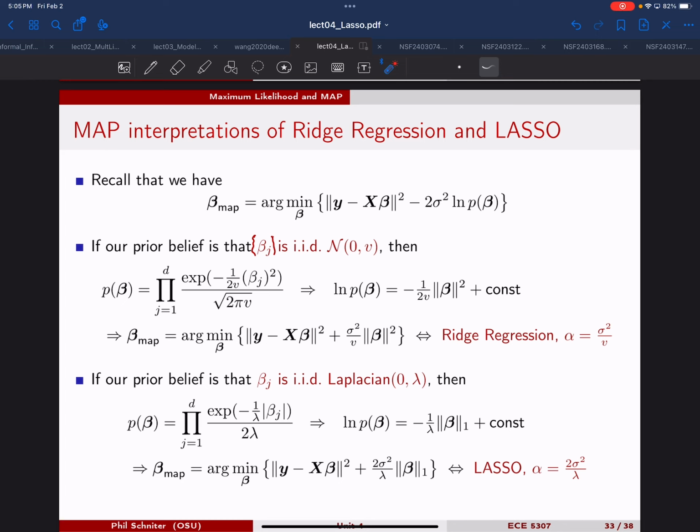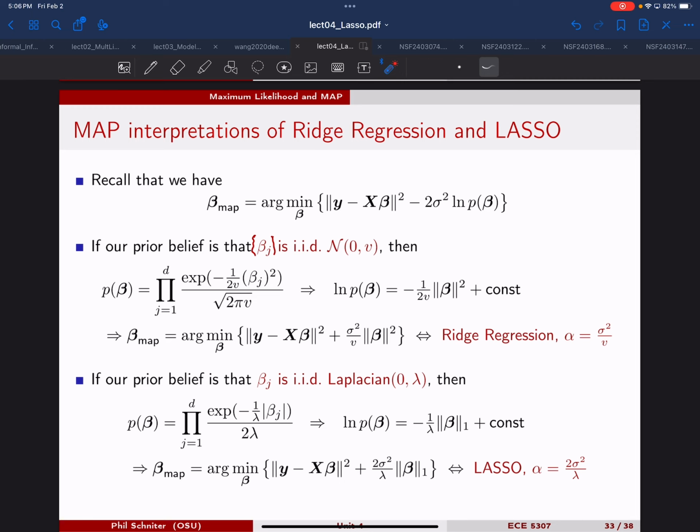That weight is the ratio of the noise variance in the measurements to the variance in our belief of beta. So they're calibrating each other. The alpha gets smaller as we get more precise measurements, but alpha gets larger as we have a more precise belief. So it's calibrating alpha directly.